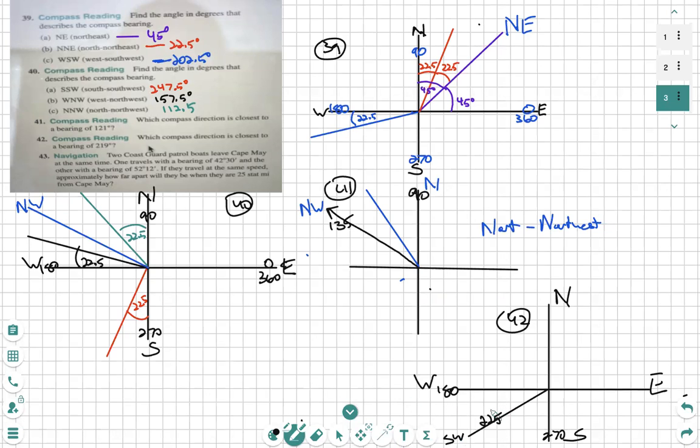The other one would be west-southwest, which would be in between these two, right? Which we know is going to be 180 plus 22.5, so this is 202.5. And the closer one to 219 is 225. So we are closest to southwest in this situation.